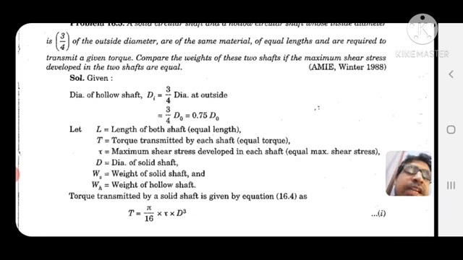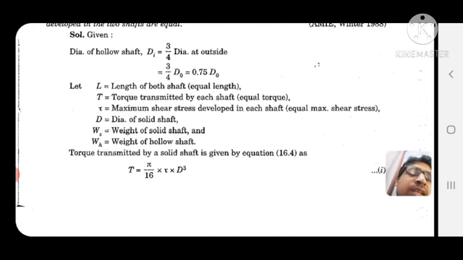Diameter of the hollow shaft, that is equal to 3 by 4 diameter at outside, 3 by 4 d0, that is equal to 0.75 into d0. L is equal to length of both shafts, equal length. T is equal to torque transmitted by each shaft.